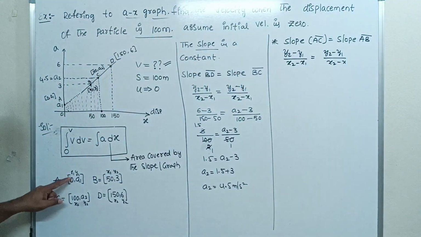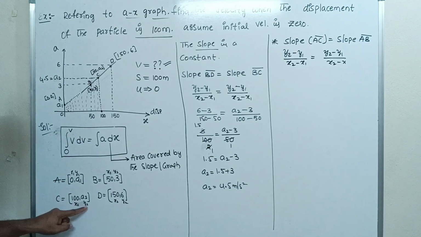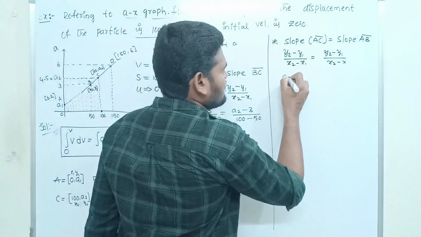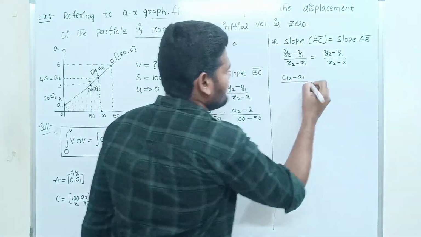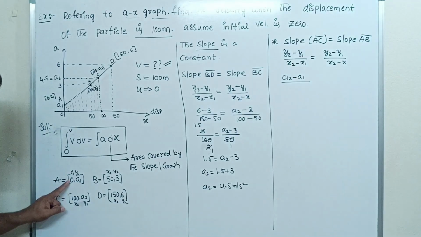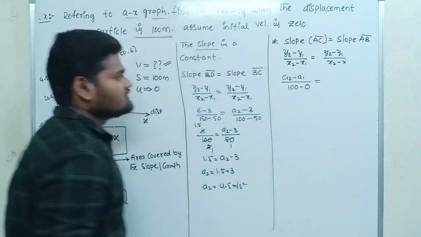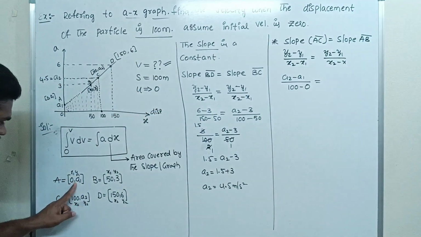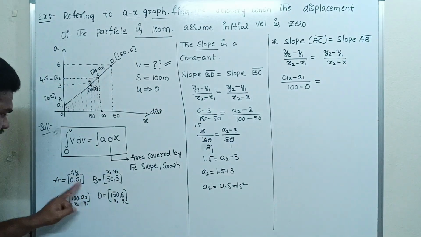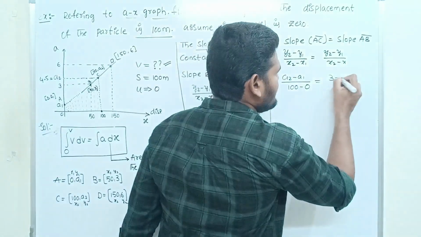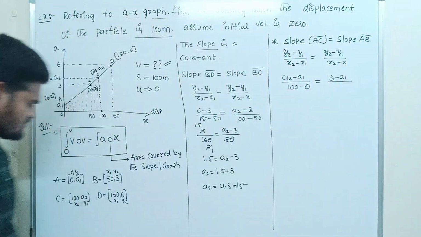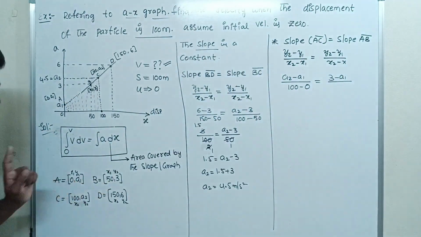So AC: Y2 minus Y1 is A2 minus A1, divided by X2 minus X1, 100 minus 0. Next, AB: Y2 minus Y1, 3 minus A1, divided by X2 minus X1, 50 minus 0.